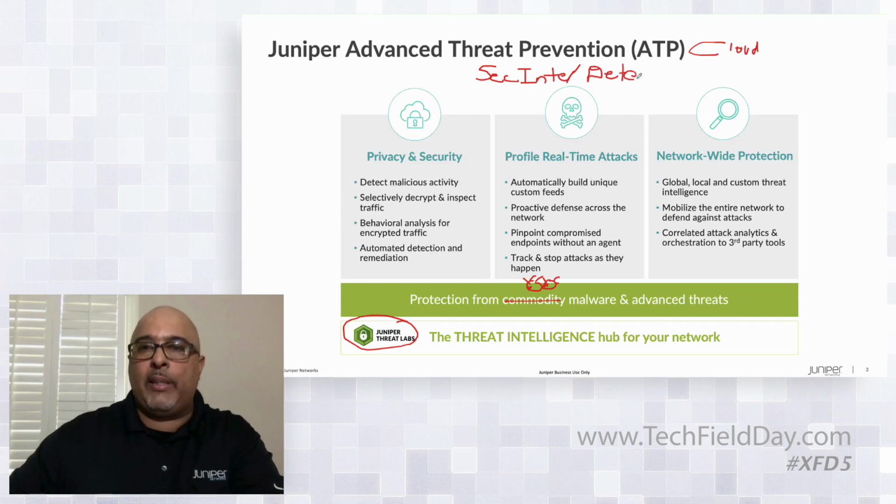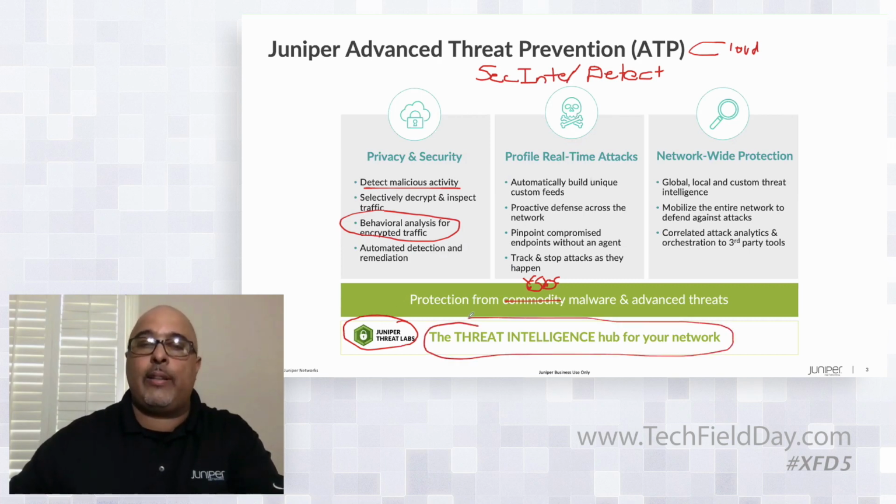And I better stop at detect because I think that Maryland public education is kicking in. The detection capabilities include detection for advanced malware, what we used to call sandboxing, as well as the ability to detect malicious traffic hiding inside of encrypted traffic with something called Encrypted Traffic Insights. ATP Cloud Service becomes the threat intelligence hub for your entire network.